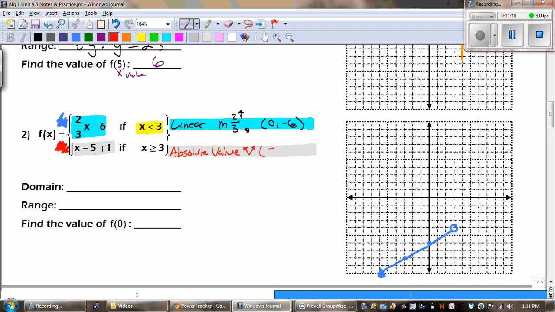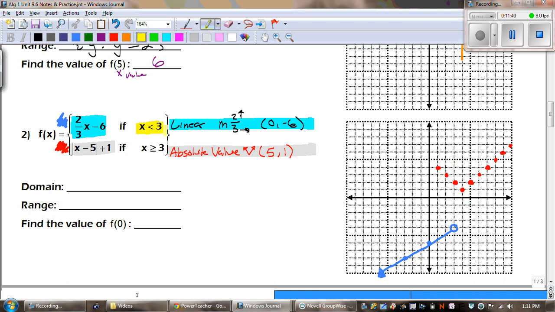And then our vertex is 5, 1. Okay, so I go to the point 5, 1, and I go up 1 over 1, up 1 over 1, up 1 over 1. And I need to do that to the left as well.